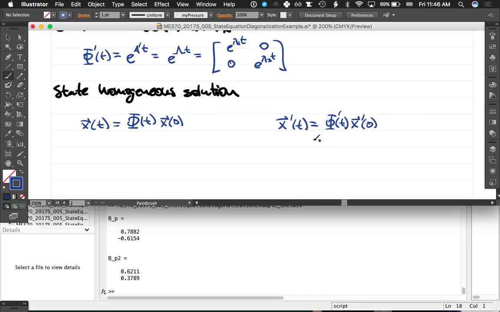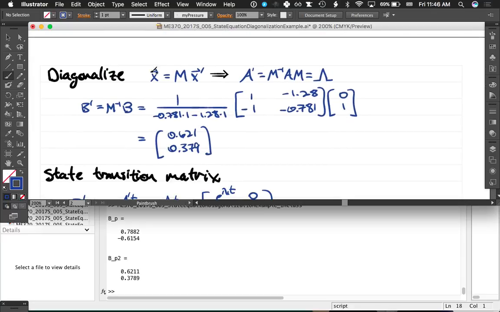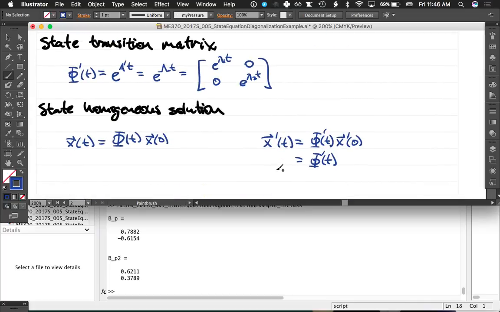Okay, so we're going to say that this is, we know phi prime, which is great. It's phi prime of t times x prime of 0. Okay, so x prime of 0 we can get from x of 0 if we use this relationship here, right? So we just have to invert M and multiply both sides, and we get that x prime is equal to M inverse x of 0.